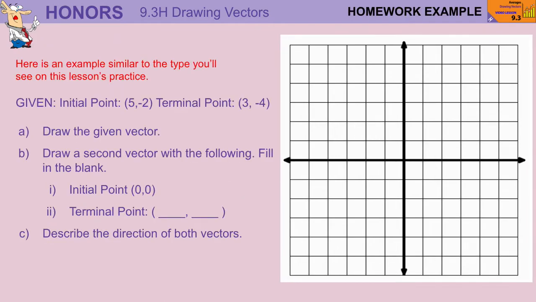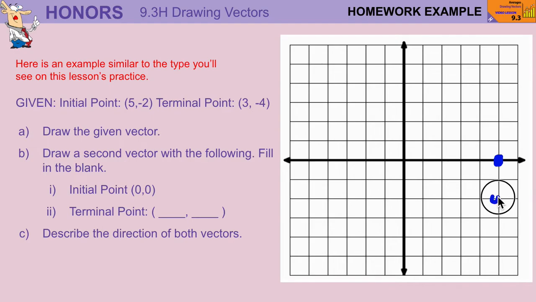So here we go. Let's work through it. The initial point on this one is (5, -2). I'm going to start at the origin and count forward 5: 1, 2, 3, 4, 5. So here's my initial point. Now I have to go down 2.